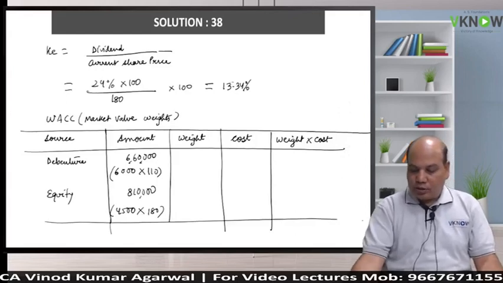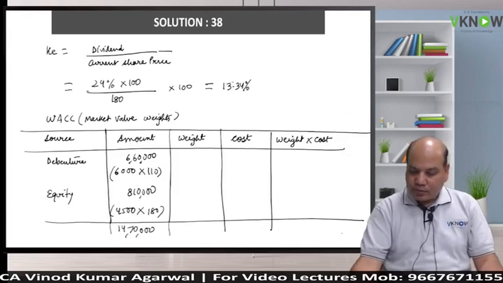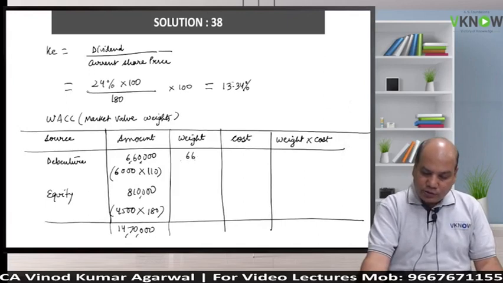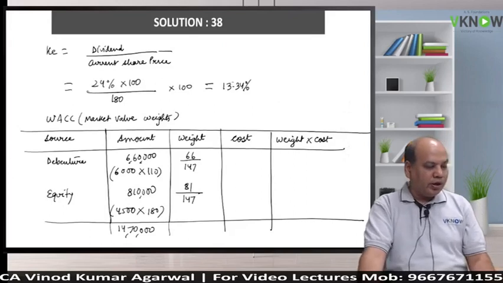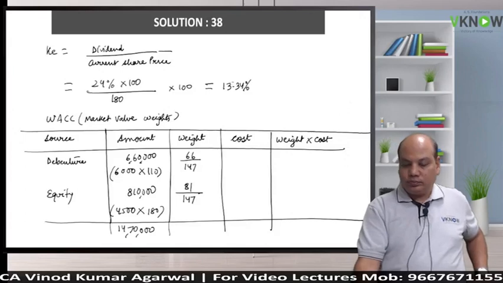So can you tell me the total? 14,70,000. So the weight will be 66 divided by 147, 81 divided by 147. Retained earnings will not be written because we are using market value weights.